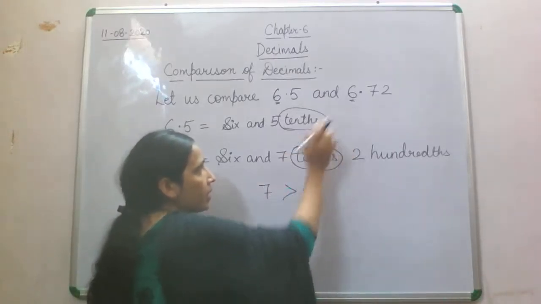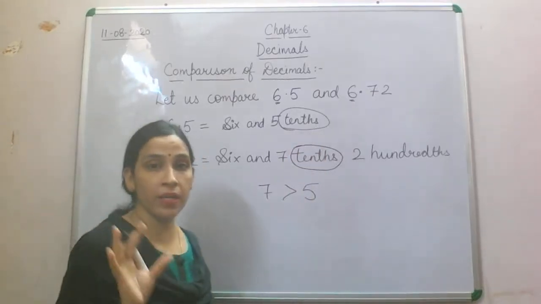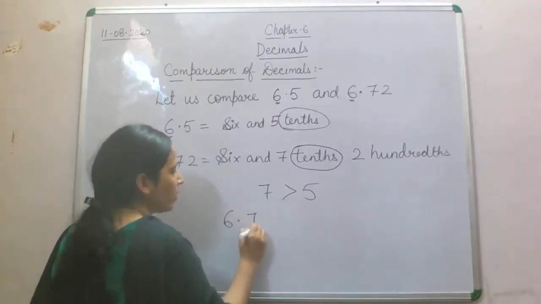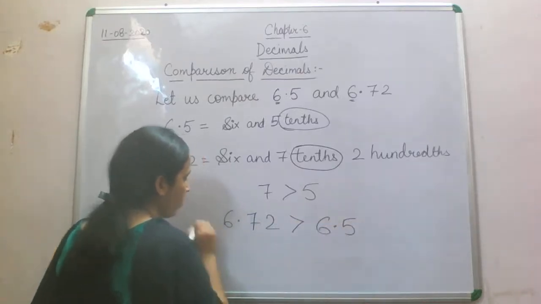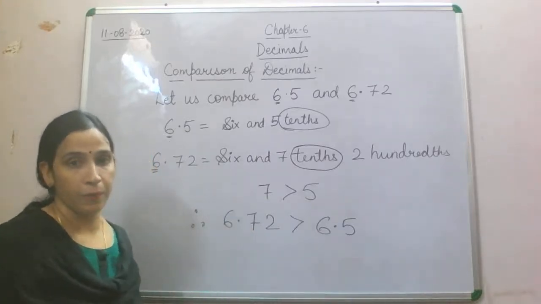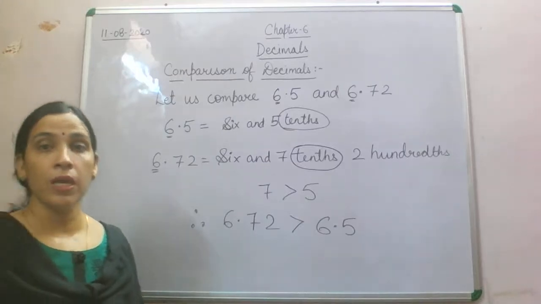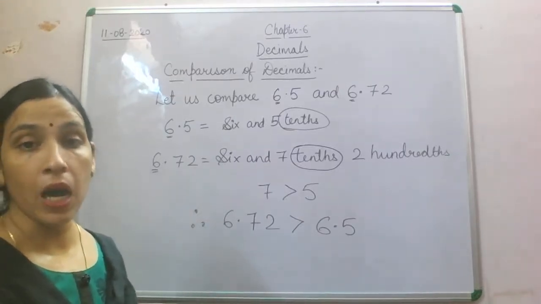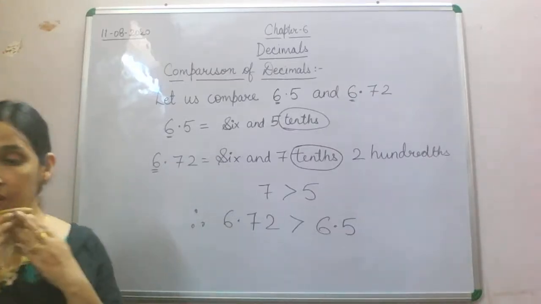It means the decimal number containing 6.7 will be greater. 6.72 will be greater than 6.5. Only one place you have to compare and then you will get the answer. Quite an easy question. Nothing difficult. The only thing is to remember the concept, how you have to do these questions. So let's revise this question once again.